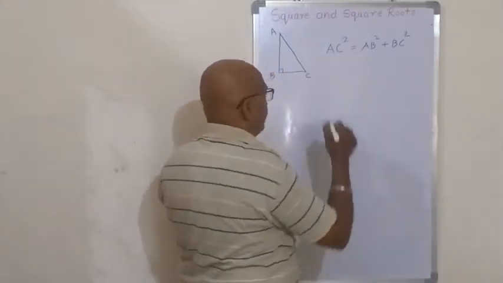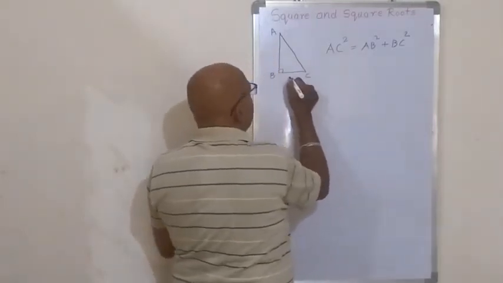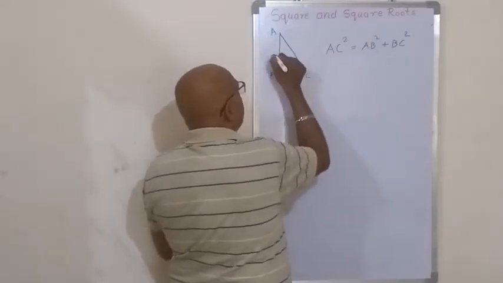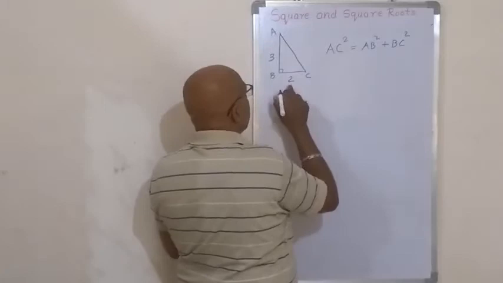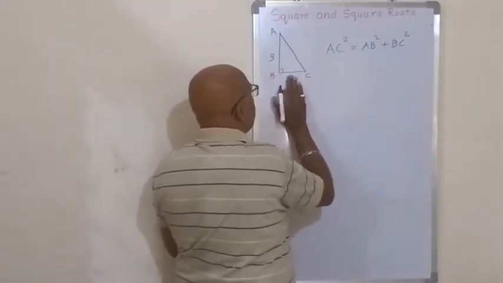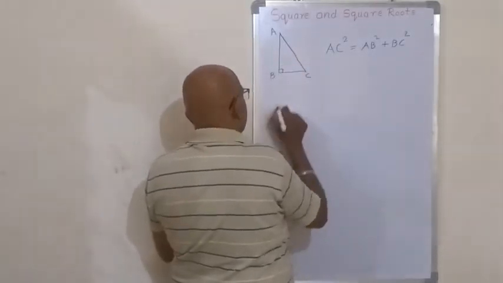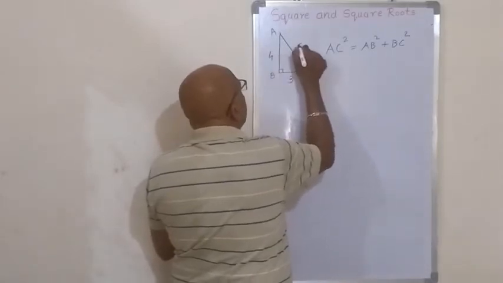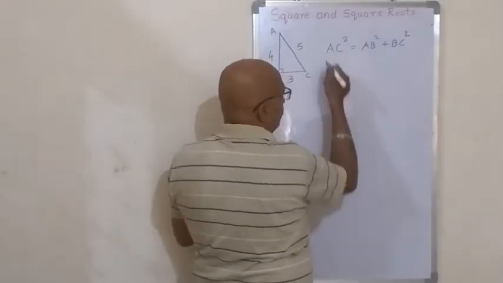For example, suppose this side is 3, this side is 4 and this side is 5. Will it be satisfied?